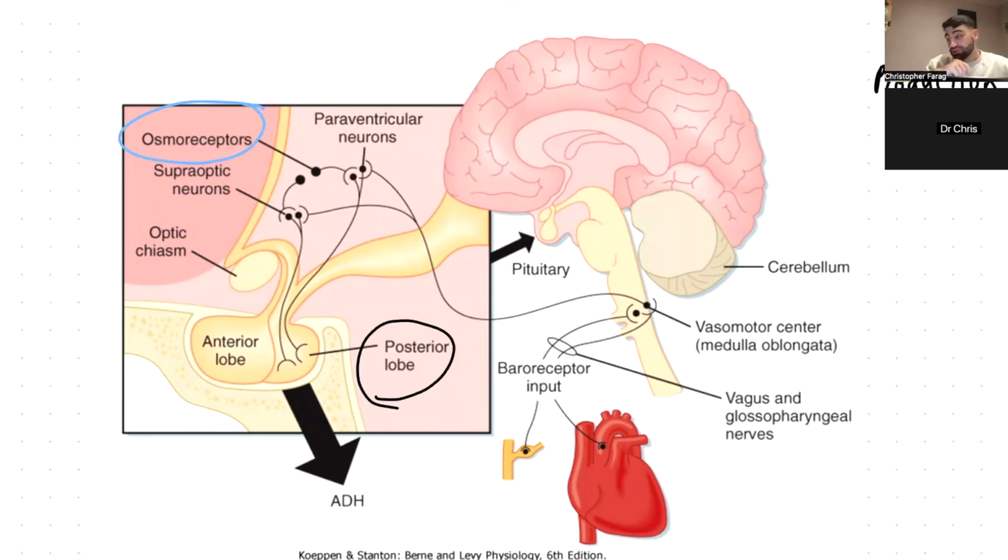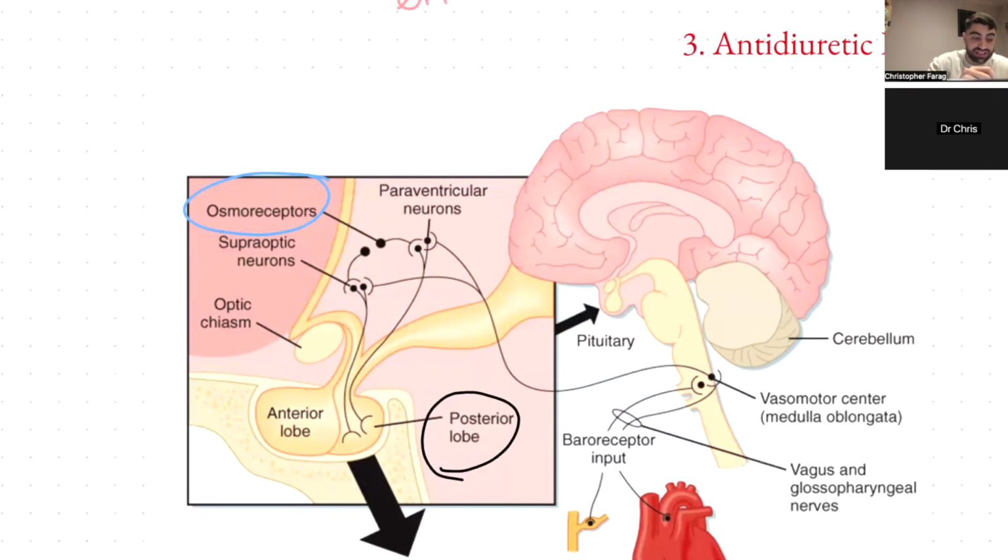Now, the osmoreceptors can detect when cells shrink. So if you think about it, if we're dehydrated, our extracellular volume is quite low. So all the fluid from inside the cell moves outside the cell via osmosis, and our cells shrink in size. And that's then how the osmoreceptors are stimulated. Now, there are two main osmoreceptors with very fancy names.